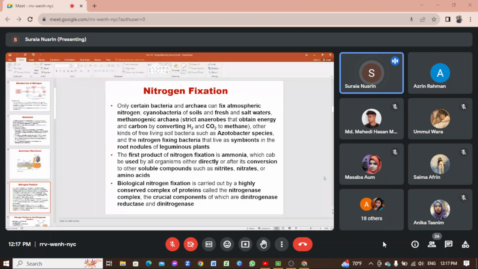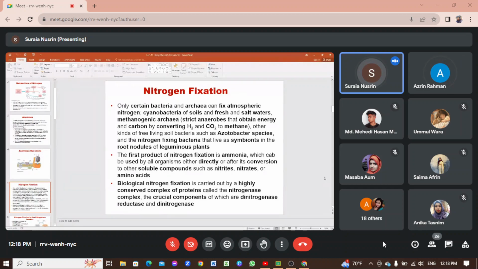Another group of bacteria are called methanogenic bacteria, because they are anaerobic bacteria and they get their energy and carbon from hydrogen and carbon dioxide, and by that they produce methane.